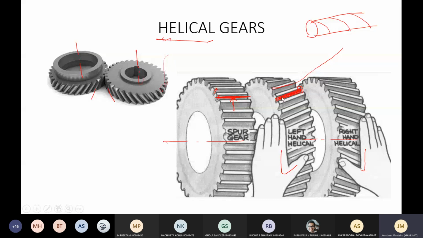There are some advantages in both these cases. In spur gears, as we know, the contact is only a line. We have a limited amount of friction, and that is why the efficiency of a spur gear is more. And also on the higher side, since it is purely line contact, the strength of the gear tooth is calculated based on the cantilever type of arrangement.